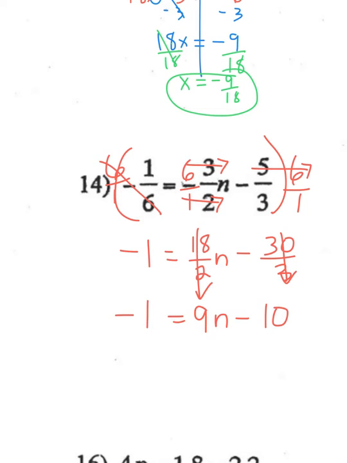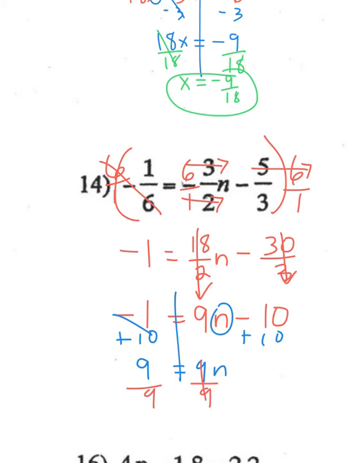Now I'm down to my basic two-step equation. Here's my variable, so I'm going to add 10 plus 10. This will be 9 equals 9n, divided by 9, divided by 9. n equals, and 9 divided by 9 is 1. All right, so that was number 14.